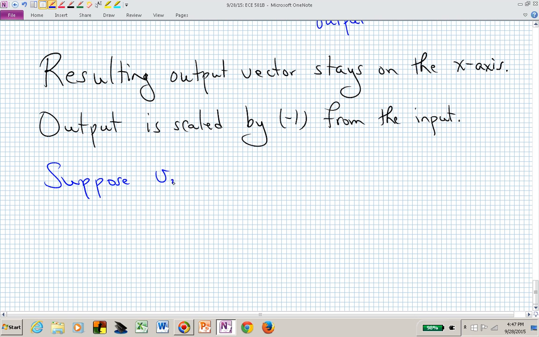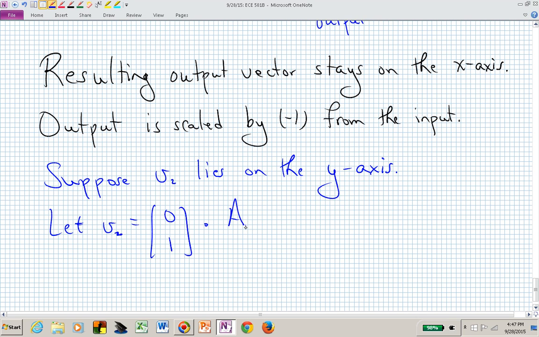Suppose we look at another vector, v2, and suppose it lies on the y-axis. To make our thinking easier, let's just assume that it is 0, 1. So now if I look at A1 times v2, knowing what we know about matrix vector multiplication, we're simply going to extract the second column and scale it by 1.